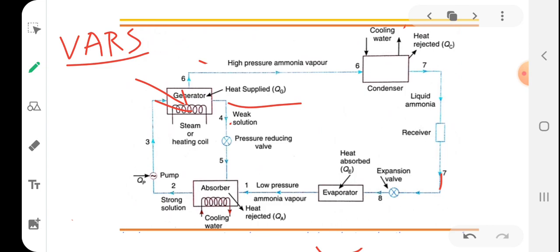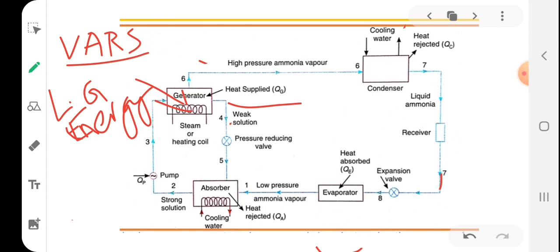Okay, the heat will separate the aqua ammonia solution into weak solution and ammonia vapor. Heat is a low grade energy, whereas work is a high grade energy.